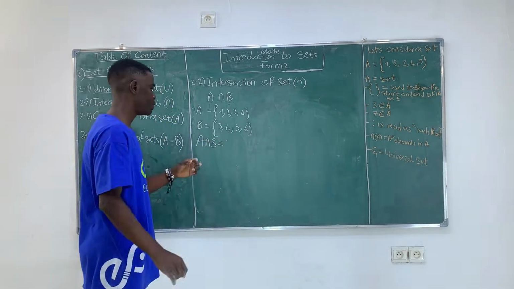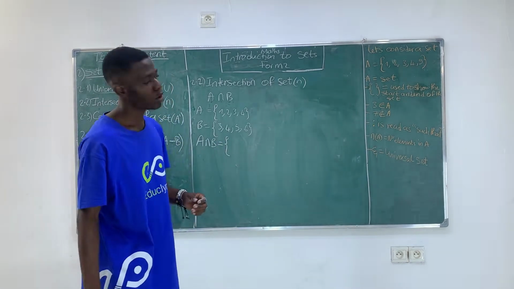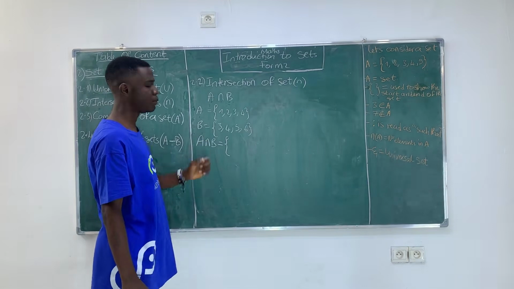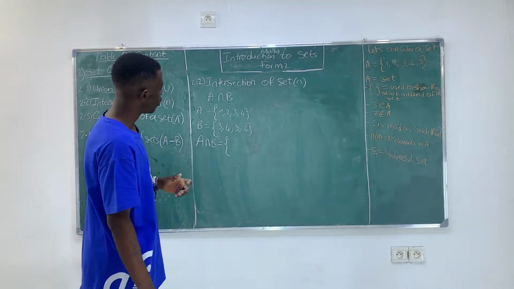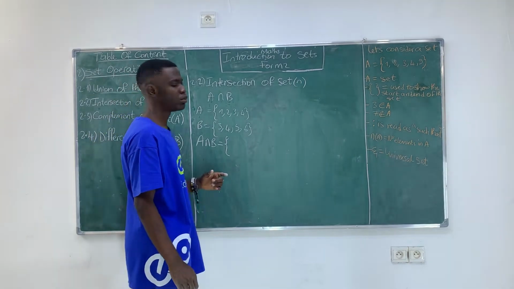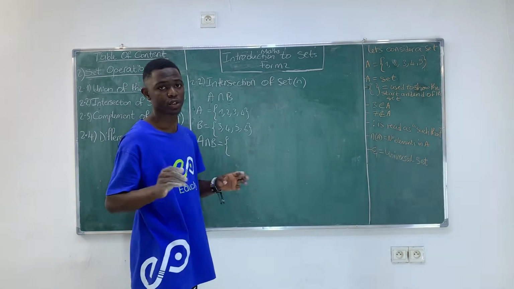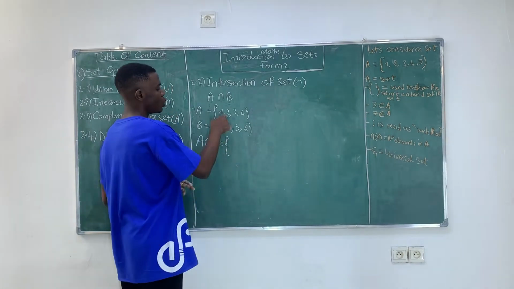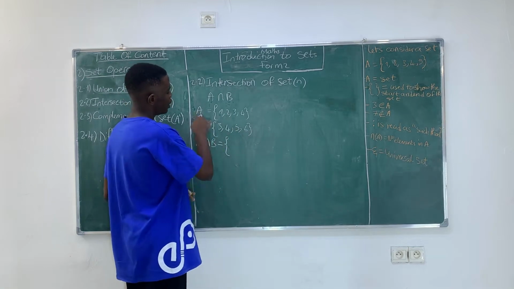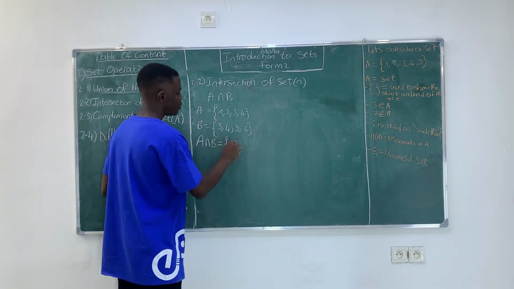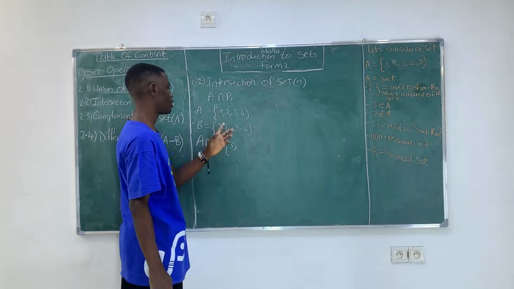What is A intersection B? A intersection B is all of the elements that are in A that are also in B. First check A. 1 is in A. Is 1 in B? No, 1 is not in B, so it is not part of it. 2 is in A. Is 2 in B? No, 2 is not in B. 3 is in A. Is 3 in B? Yes, we have 3 in B. So write out 3, because 3 is in A and B.